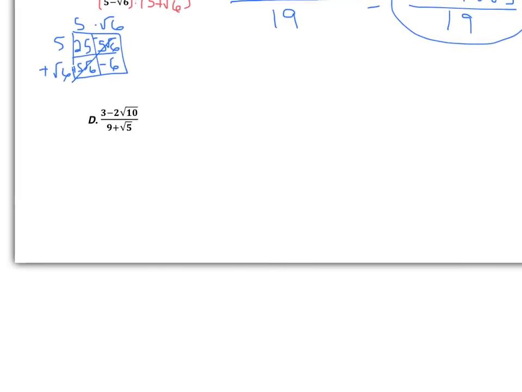Letter D, we notice that we have a minus sign in the top and in the bottom, so we have to make those quantities, and then because the bottom is 9 plus root 5, we need to multiply by the conjugate, which is 9 minus root 5.